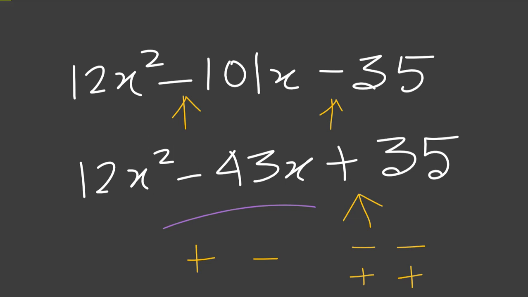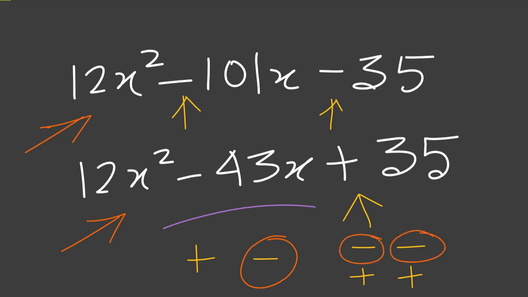That means in this first case the negative number will be numerically bigger. In the second case both the roots will be negative, because the negative number will be numerically bigger.